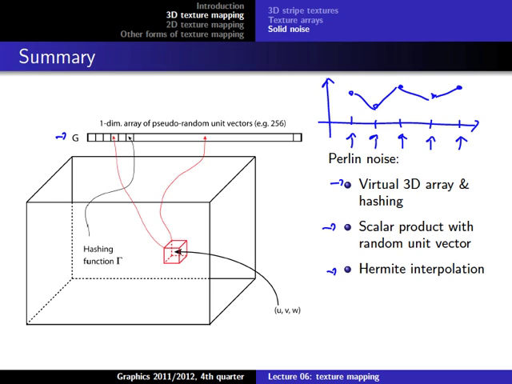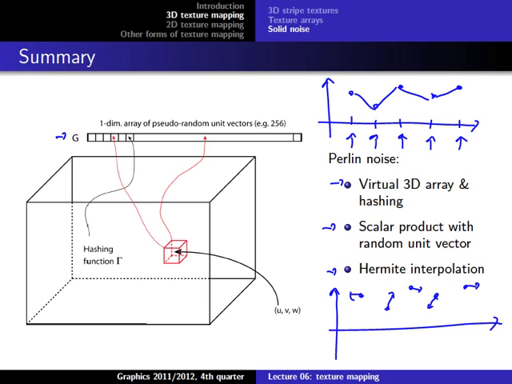Now, what the scalar product with this random unit vector does is basically it shifts those local maxima and minima a little bit. So let's say this one shifts here, this one shifts here. And since they're random, they shift in different directions. This one shifts here.